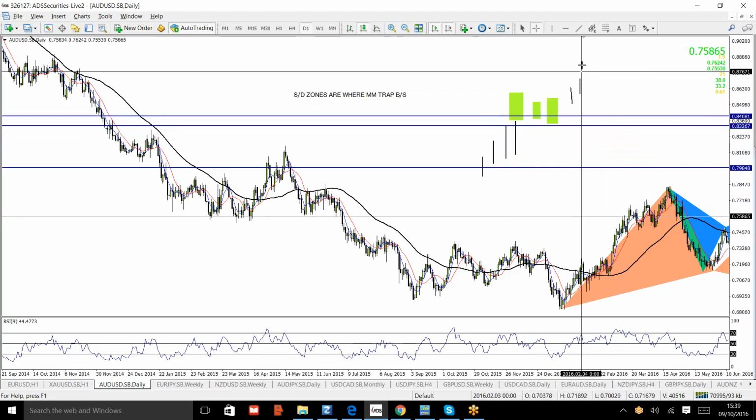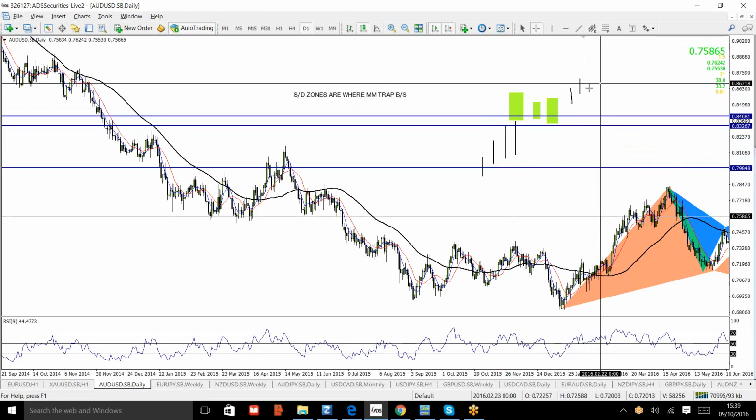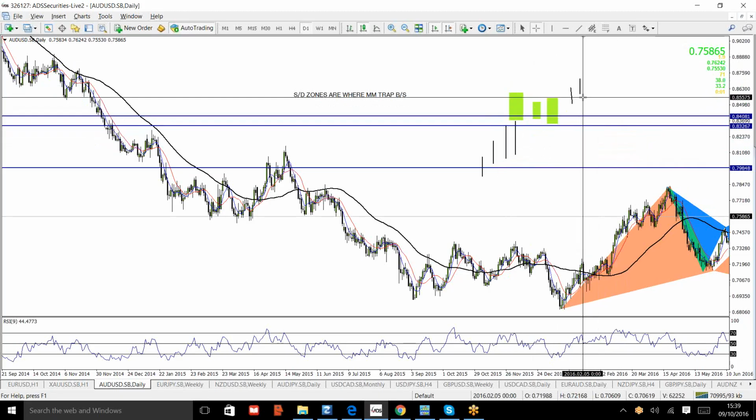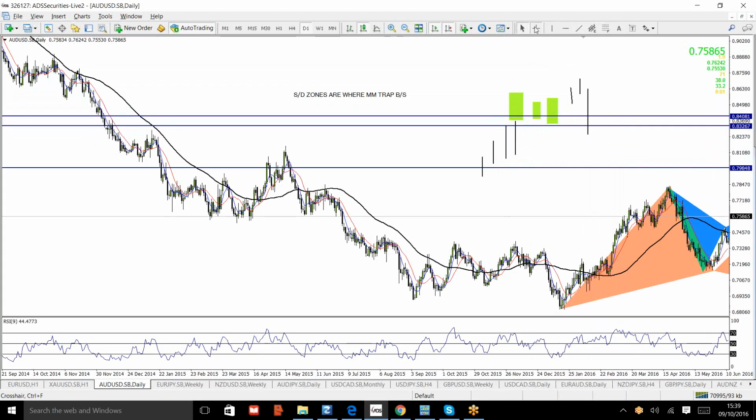Now see this. The market makers, the institutions, will use an event to manipulate the market and trap the buyers and sellers. How do they do this? A news will come. They will suddenly push the market down and hit your stop losses.